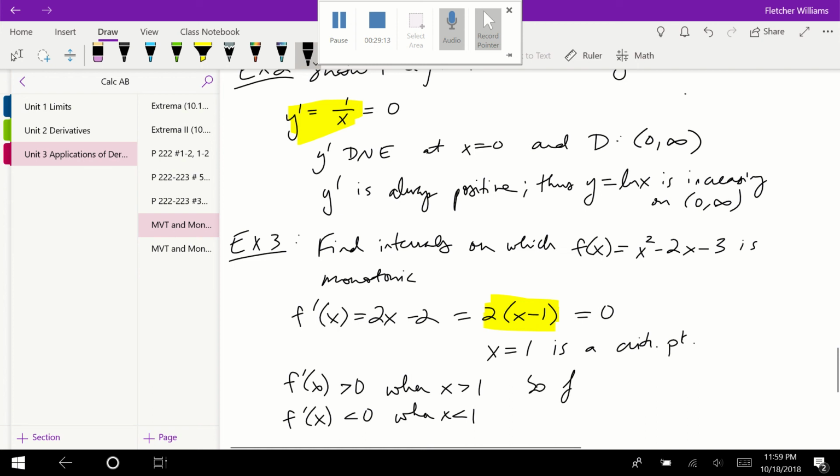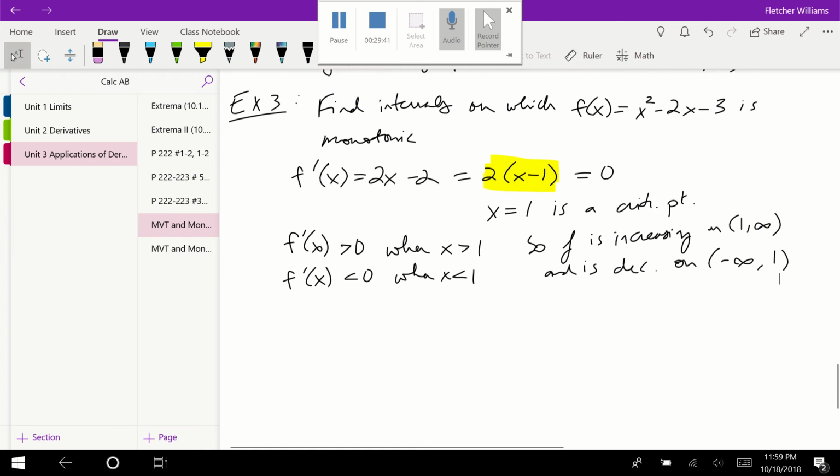So f is increasing on this interval and is decreasing on this interval. So if you just remember that whenever we find that the derivative is positive, then that's where the function is increasing, and if you ever find that it's negative, that's where the function is decreasing.